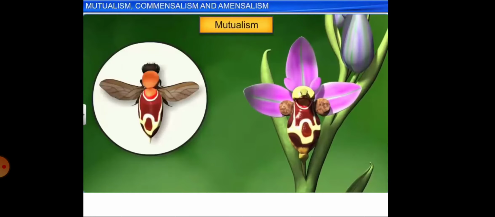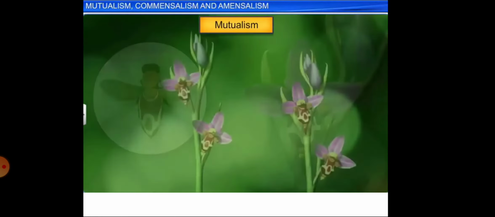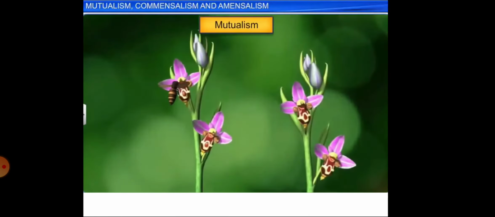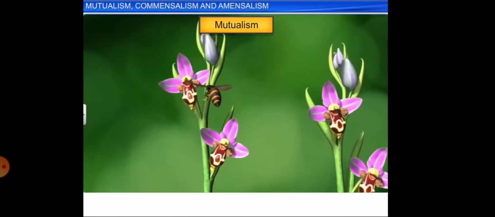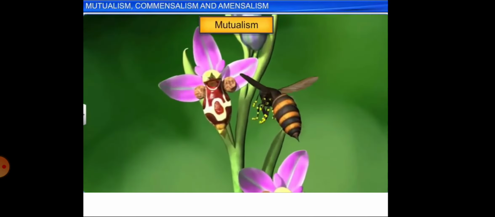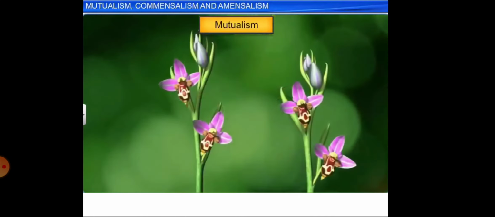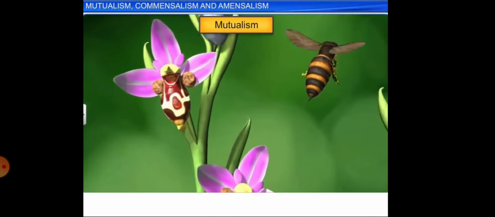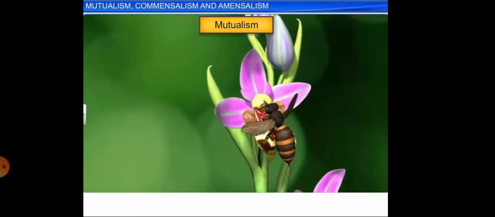A male bee gets attracted to this petal, which he perceives as a female, and pseudo-copulates with the flower. During this process, the pollen of this flower gets dusted on the bee. Now, when this bee pseudo-copulates with another flower, it transfers the pollen to this flower, thereby pollinating it.